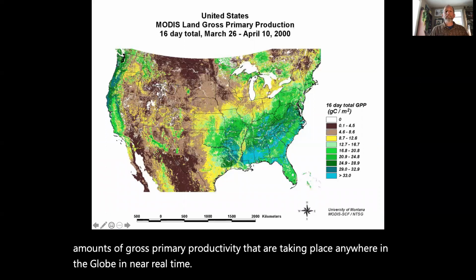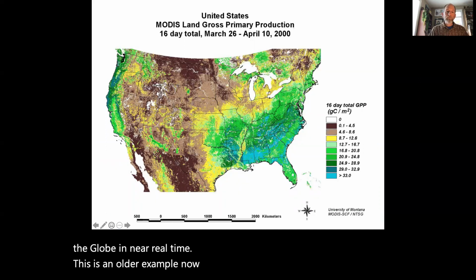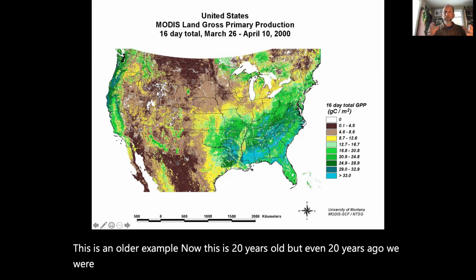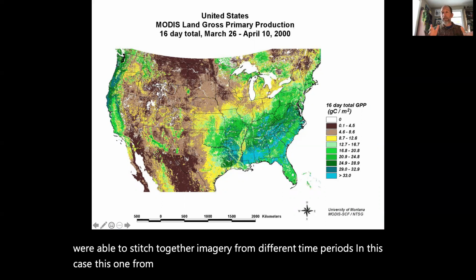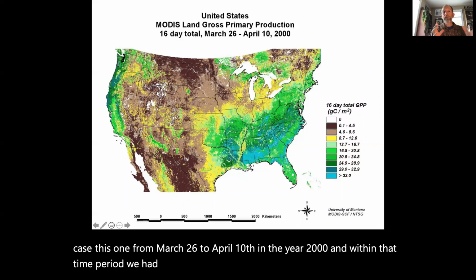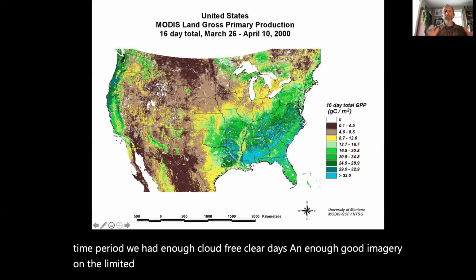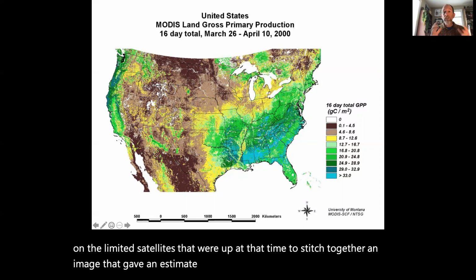This is an older example now. This is 20 years old. But even 20 years ago, we were able to stitch together imagery from different time periods. In this case, this went from March 26th to April 10th in the year 2000. And within that time period, we had enough cloud-free, clear days and enough good imagery on the limited satellites that were up at that time to stitch together an image that gave an estimate of GPP based just on the reflectance data taken from space.